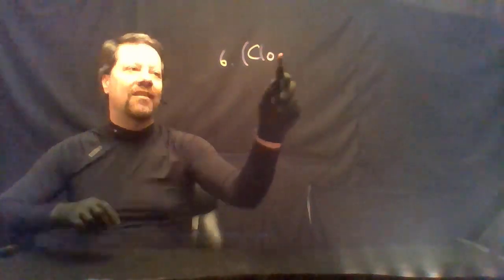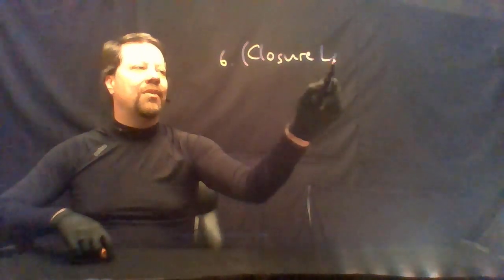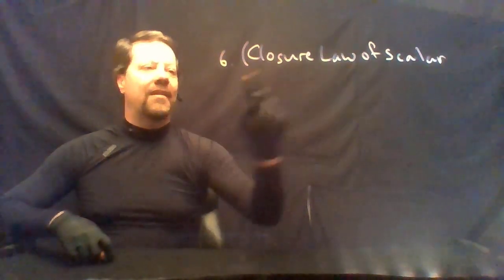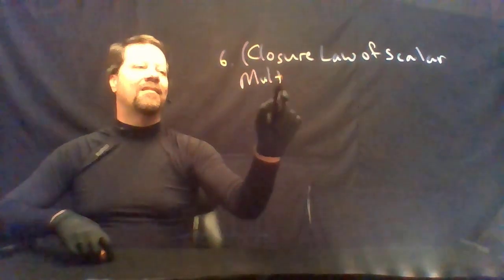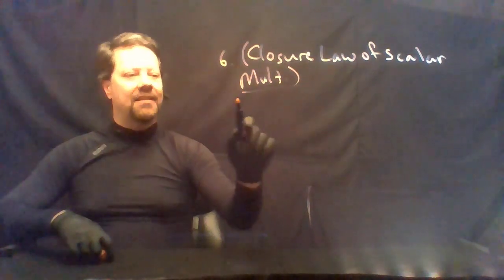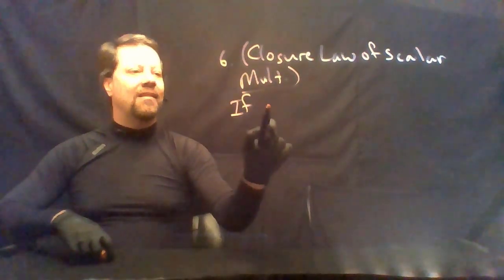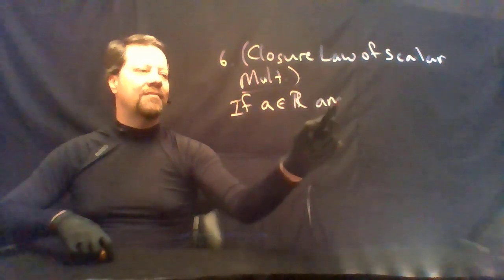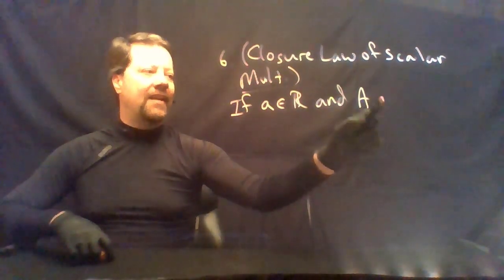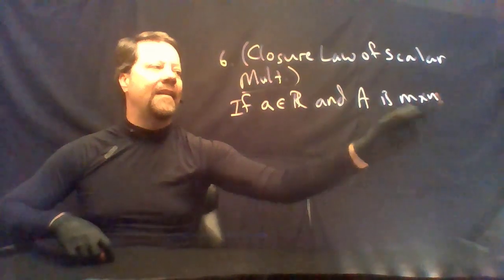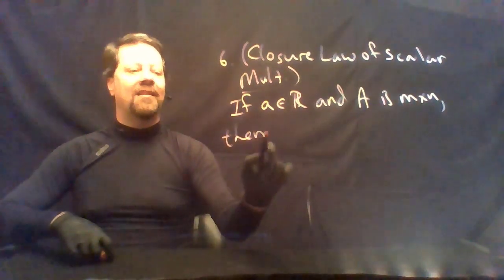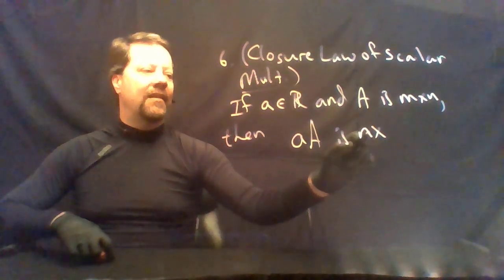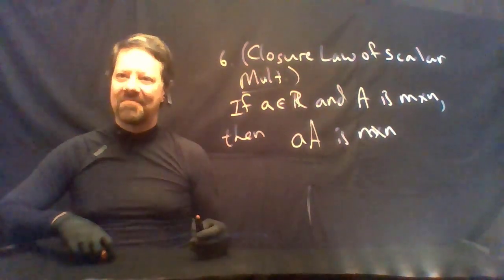First, the closure law of scalar multiplication. If a is a real number and A is m by n, then a times A is m by n.